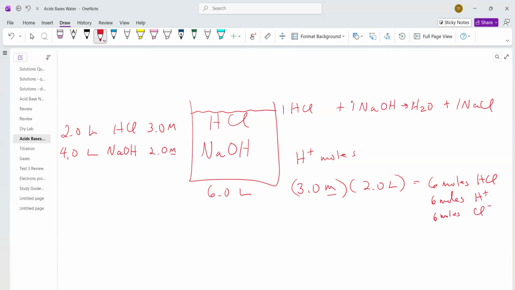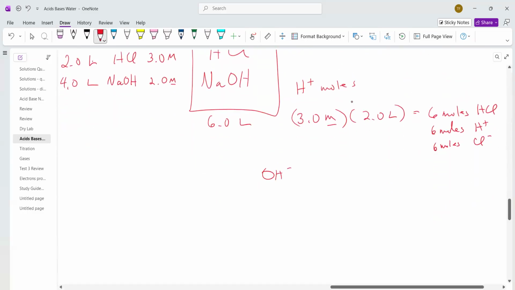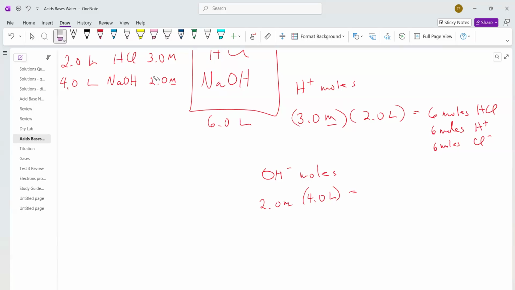So after the reaction goes, we have 0 moles, okay? So this is the initial conditions. All right, and let's look at OH. Well, it's the same thing again. Okay, so this is going to be 8 moles.